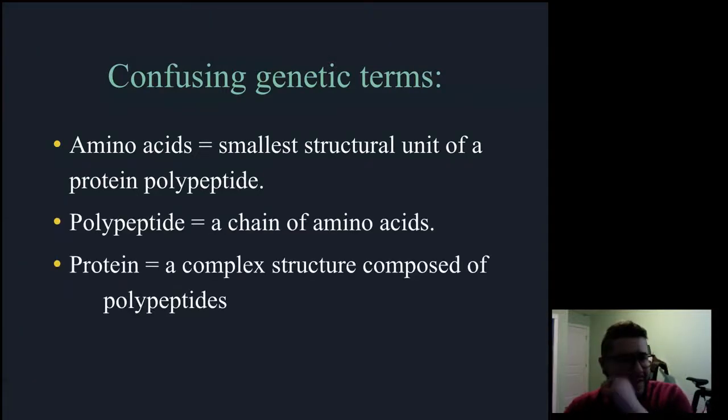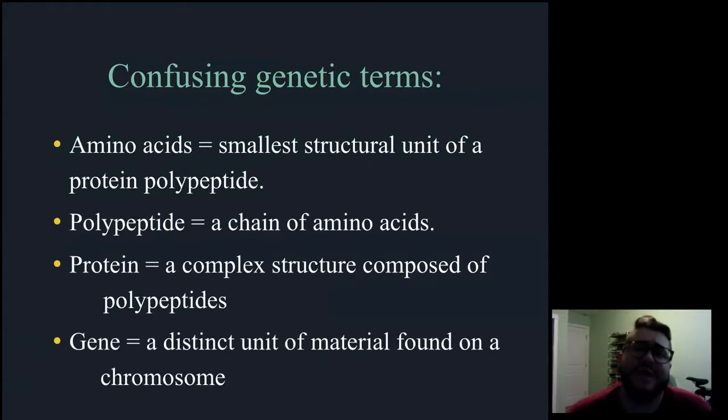I want to start with a couple confusing genetic terms and words that people get mixed up all of the time. An amino acid is the smallest structural unit of a protein polypeptide. We should remember that from first semester. A polypeptide then is a chain of amino acids strung together. So amino acids are little molecules, and a polypeptide is a bunch of amino acids strung together to make a bigger molecule.